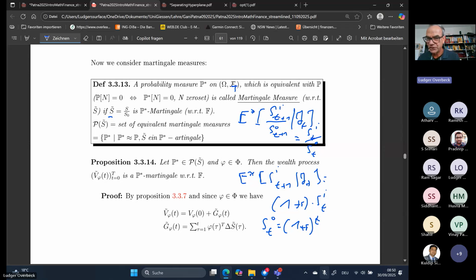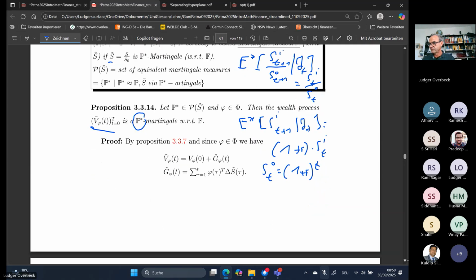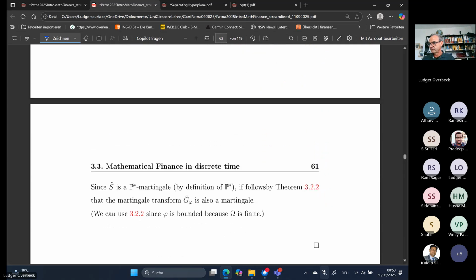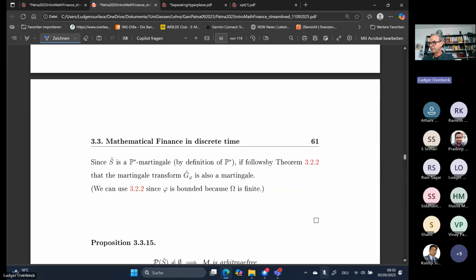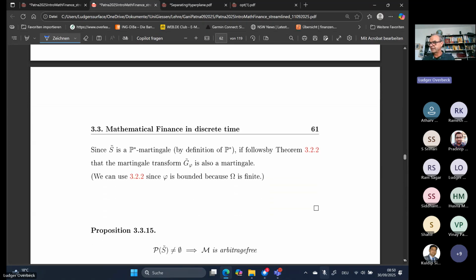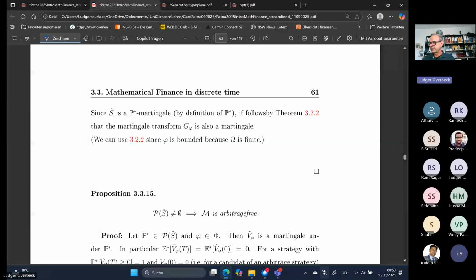And so the first proposition that's important is if you have a martingale measure P star, then every portfolio discounted will be a martingale under this measure. That follows from the theorem I also gave you, that martingale transforms of martingales are martingales.